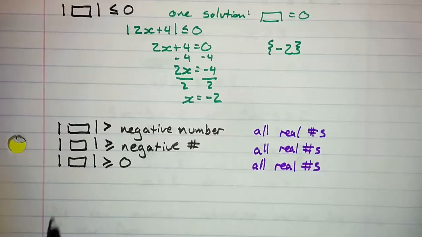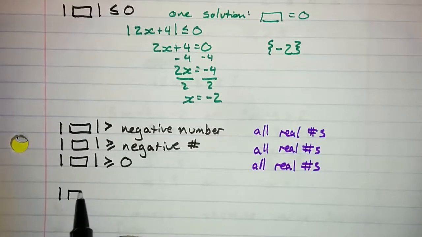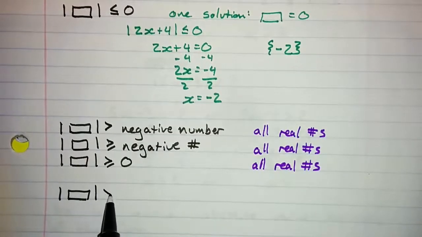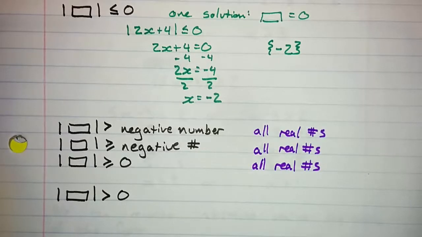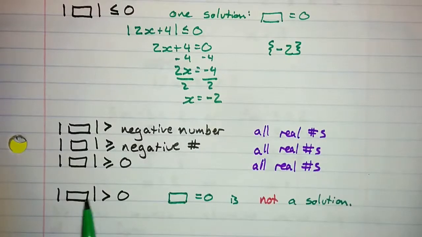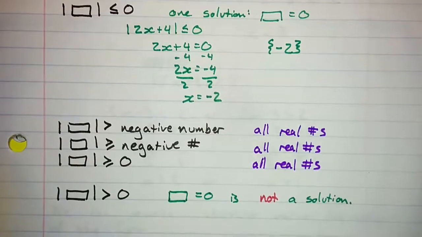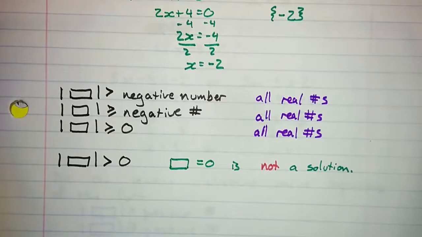A little bit different is if we have an absolute value is strictly greater than 0. Right, most things are solutions here, but the number that makes the thing inside the absolute value exactly equal to 0 is not a solution to this inequality.